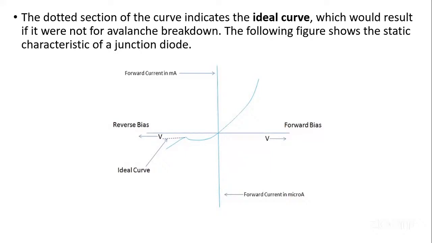Now the reverse side has a high impedance, that is high resistance, while the forward side has a very low resistance. So which means that if the resistance is low, when I increase the forward voltage, the current will be increasing.